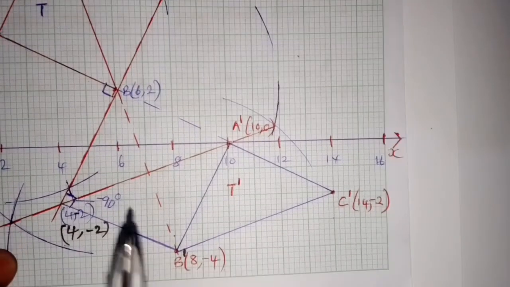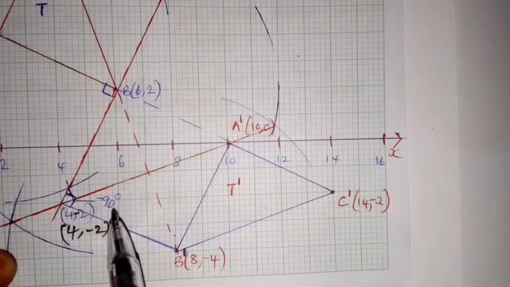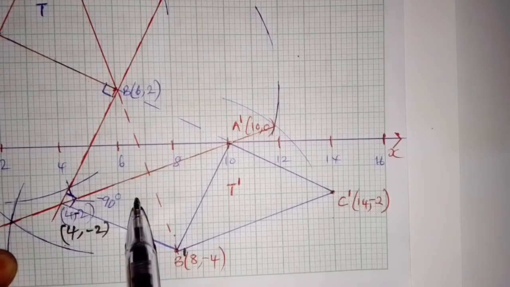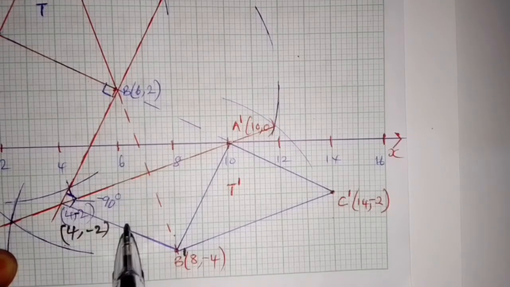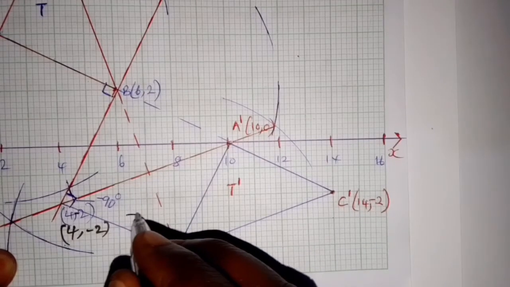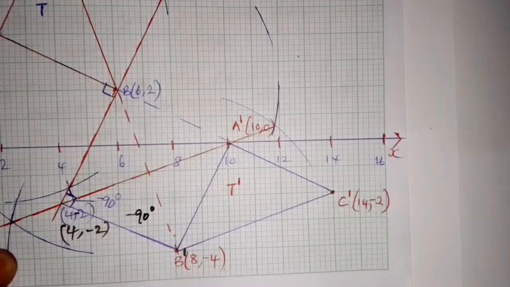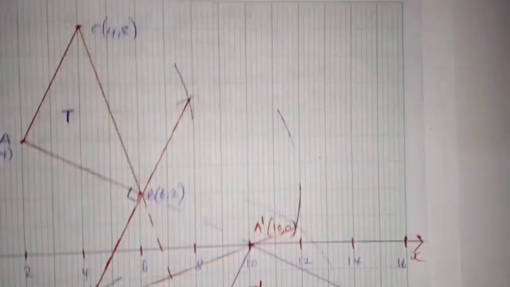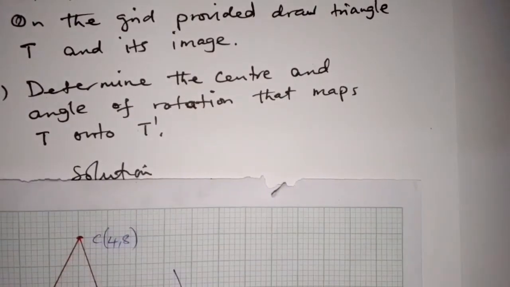It is giving us 90 degrees clockwise, and a rotation that is done clockwise is a negative rotation, so it is giving us negative 90 degrees. That is the angle of rotation.